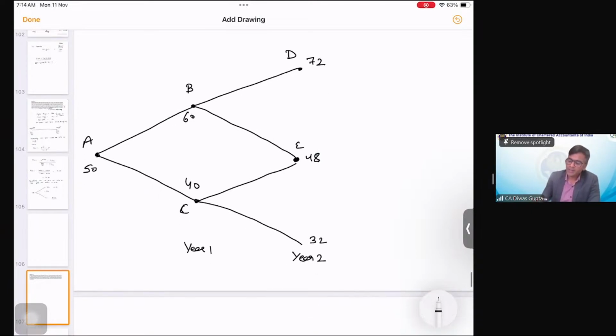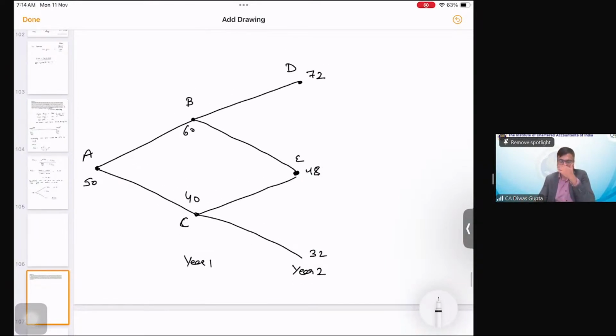Clear? So this is the tree that the question was asking us to prepare, right? So this is the starting point. So we have plotted the movements of the prices as per the facts that are given in the question.